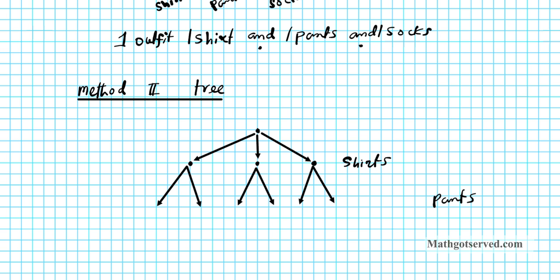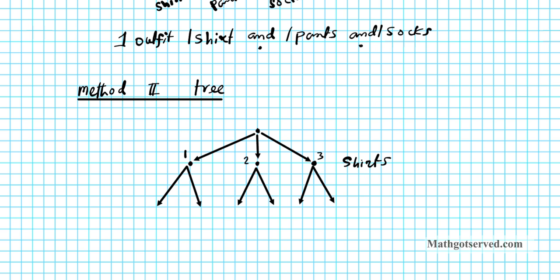All right, so let me put numbers here to help you visualize what's going on. You have shirt 1, shirt 2, shirt 3, 3 different kinds of shirts. And then for pants, you have only 2 kinds of pants. Let's make it green.